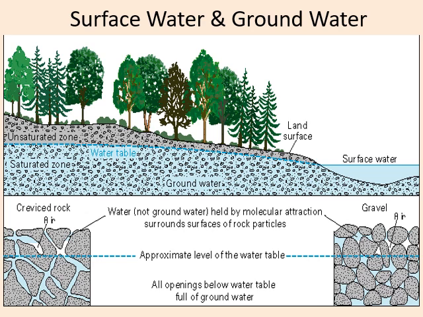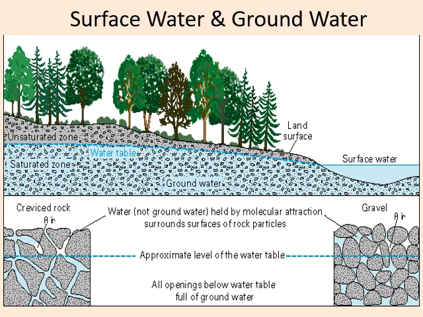This water is not groundwater; it is held by molecular attraction and surrounds the surfaces of rock particles. On the right hand side also the blue color is showing water, but it is not groundwater. It is water held by molecular attraction in the rock or in the void spaces of gravel.